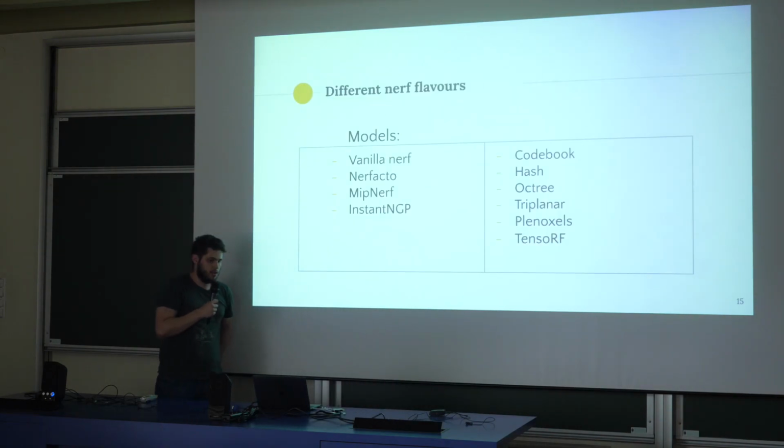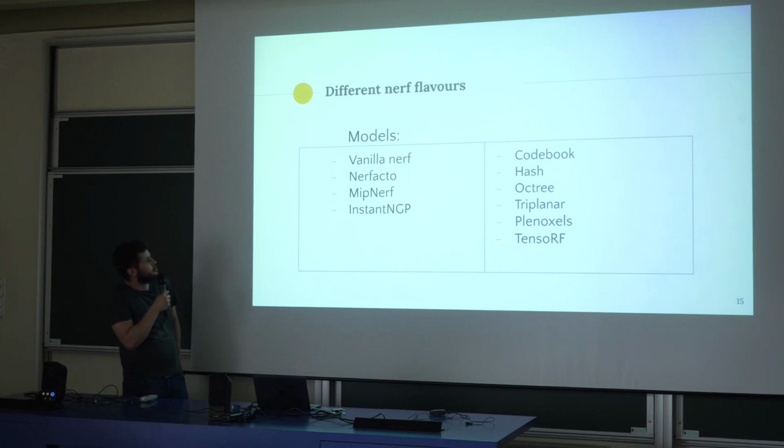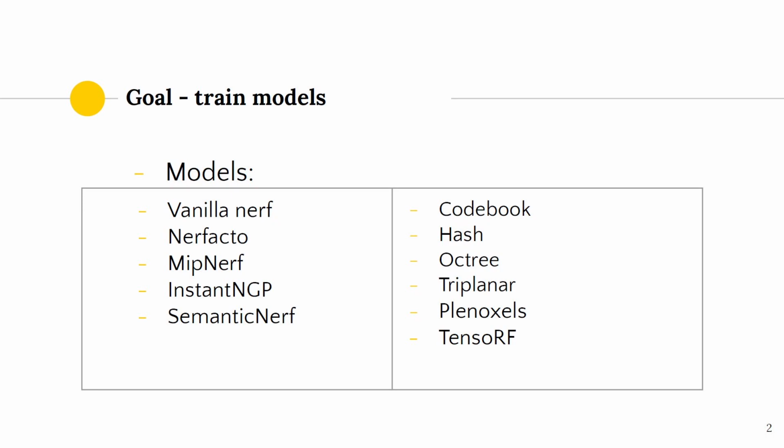The thing about NeRF is there are a lot of different flavors of them. First we have the vanilla NeRF, but also, for instance, MIP NeRF is a flavor of NeRF which is used for creating faraway or downsampled images.